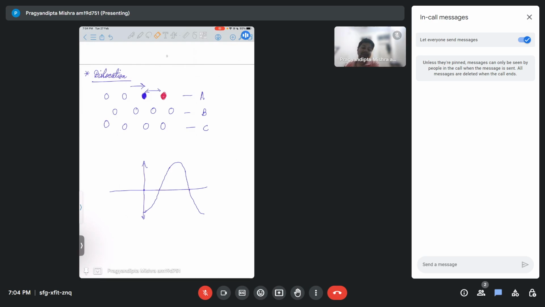So your energy would be minimum at both of these points. So let's say this is atom blue. I'll represent this position by P and this position by Q. So this is P and this is Q. Okay. So your energy would change in this fashion with distance. Let's say this is X, the distance. Okay.